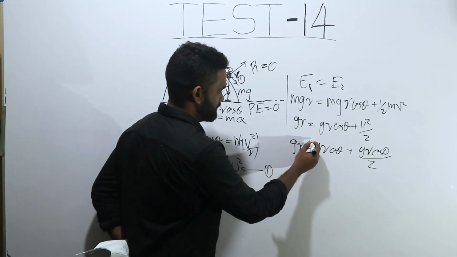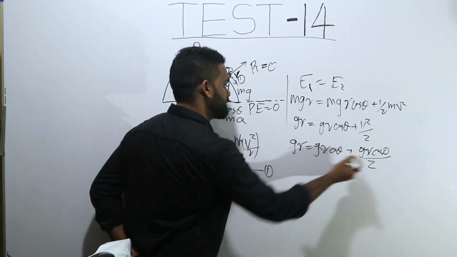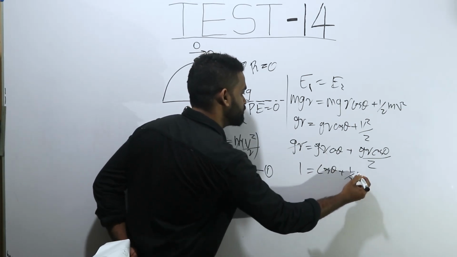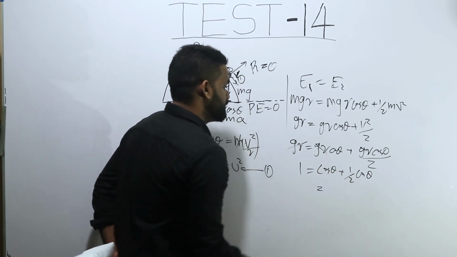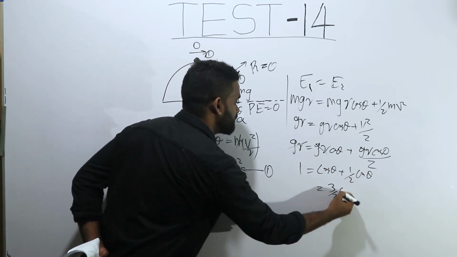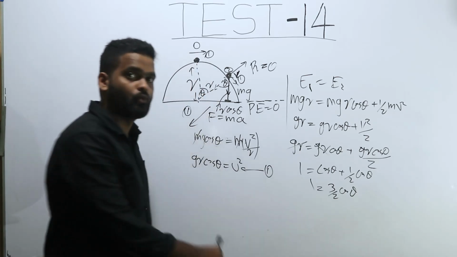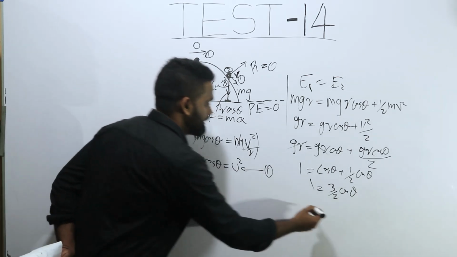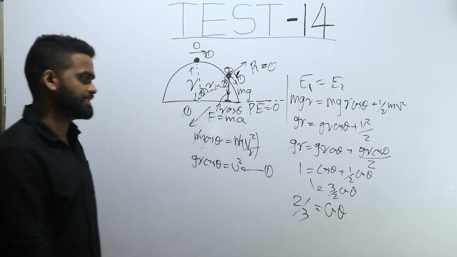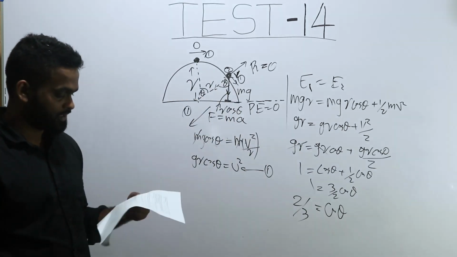So if you want, you can get rid of gr. So this is 1 equals cos theta plus 1 over 2 cos theta. So if you simplify this, cos theta plus half cos theta, 3 over 2 cos theta equals 1. Then cos theta is equal to 2 over 3.